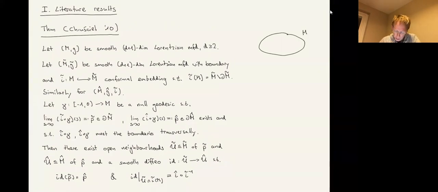And then we have this concept of a smooth boundary extension. The concept is that we have another d plus 1 dimensional Lorentzian manifold M tilde, G tilde with boundary and a conformal embedding.